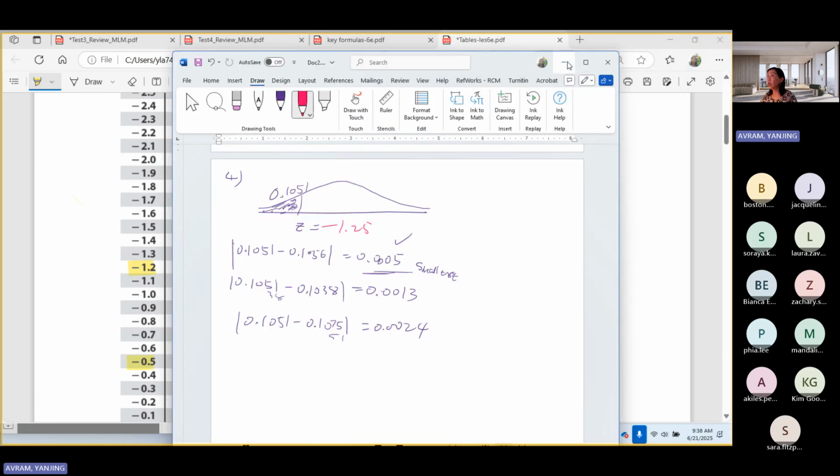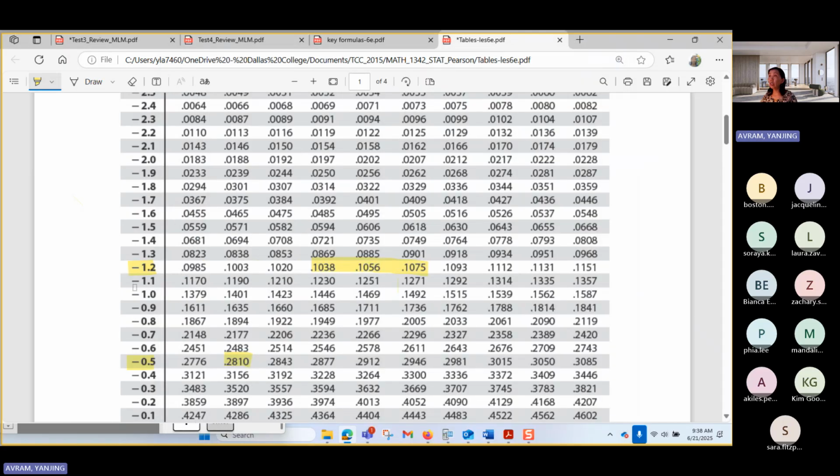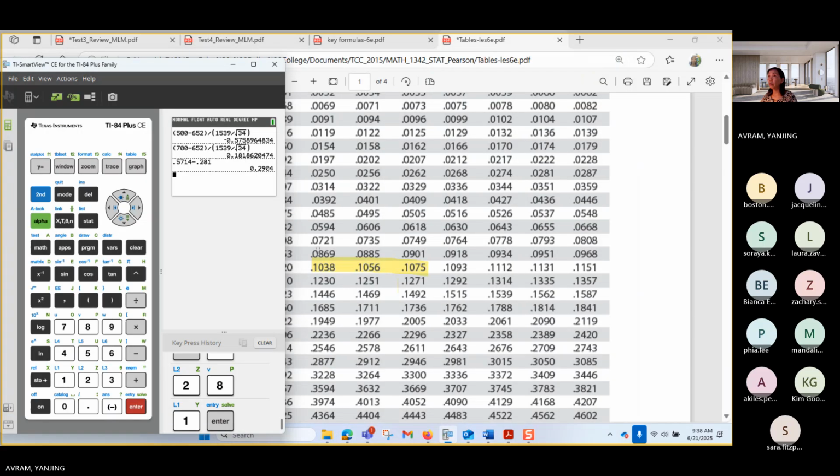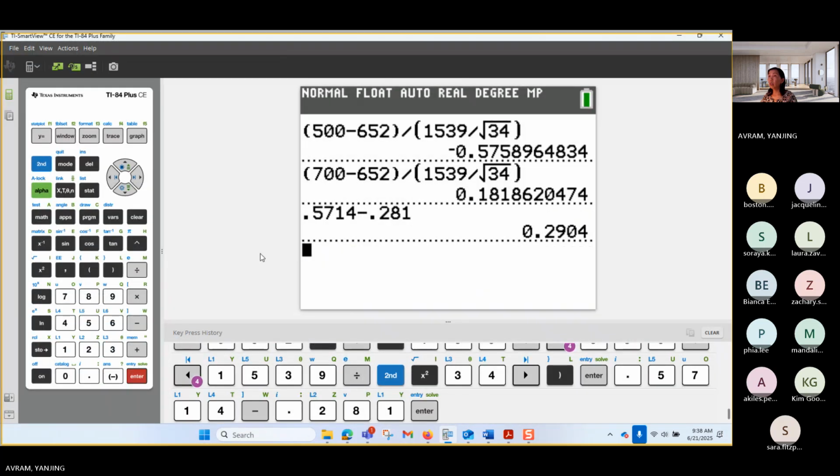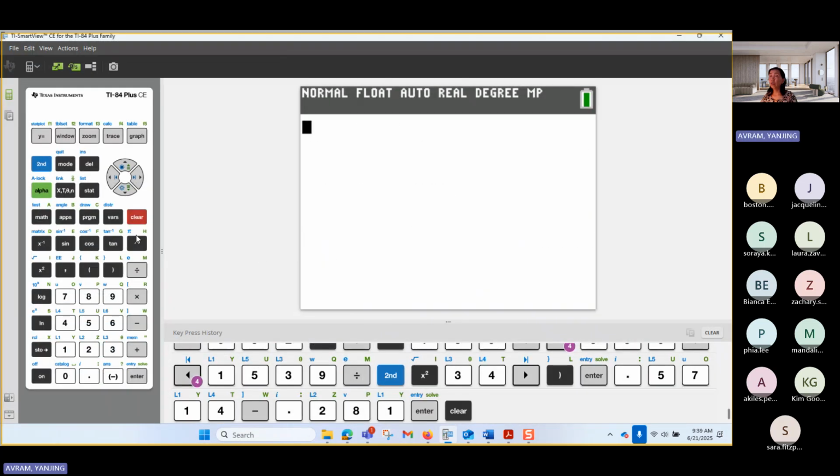All right, so let's see how I use the technology to read a table backward. We will go to second, bus, which is the distribution.